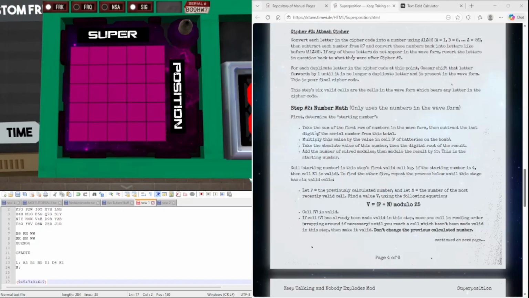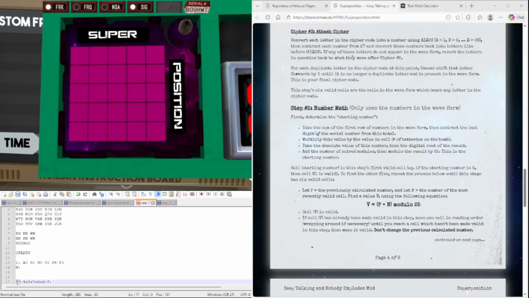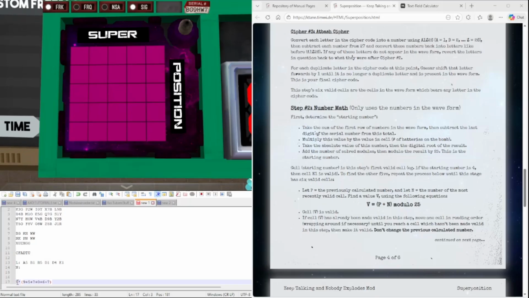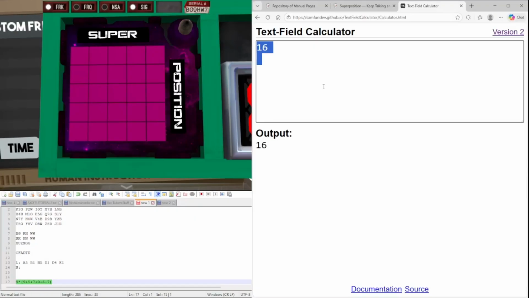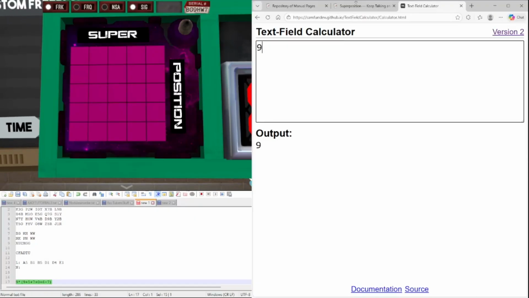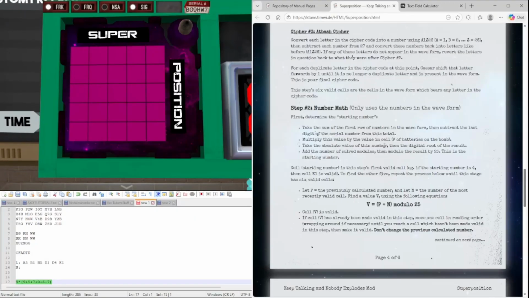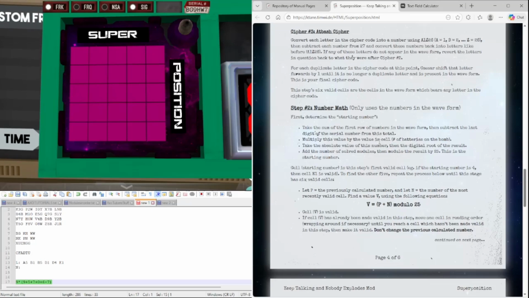So that's 9. That's 9. Add the number of cell modules.